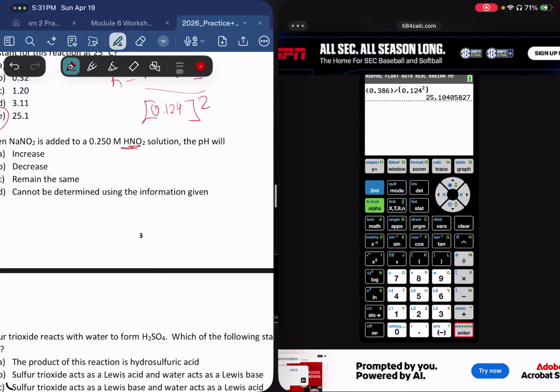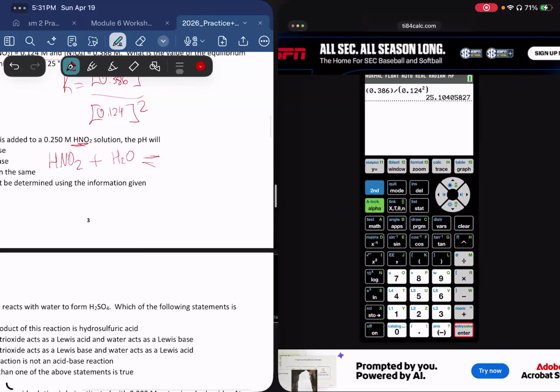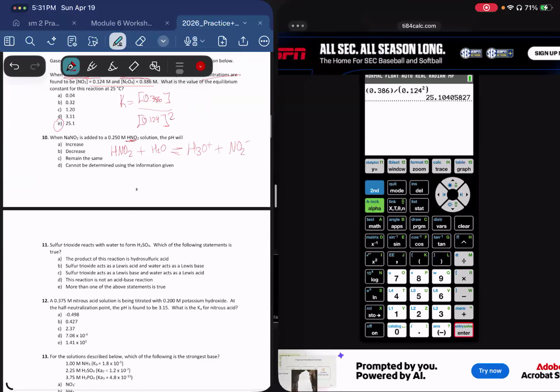But even then, what you can do is write out the equilibrium expression that you would expect with this, right? So you see here that when this acid's in water, it's going to produce hydronium plus NO2 minus, right? That's the equilibrium expression for the acid.